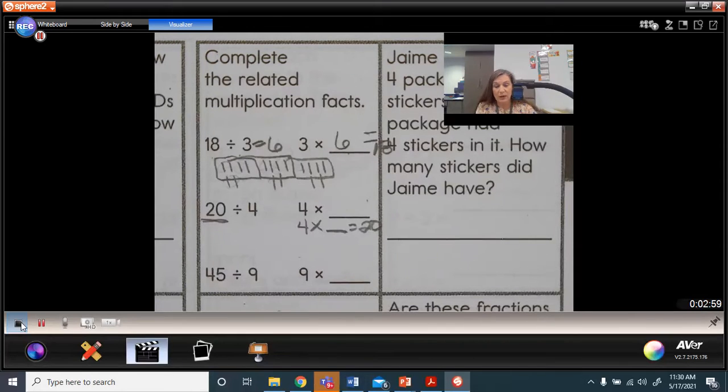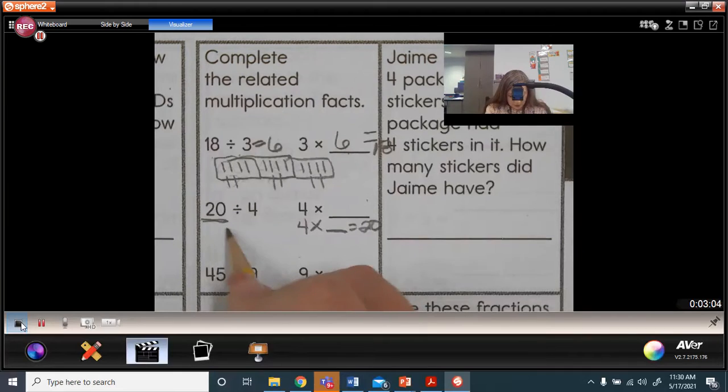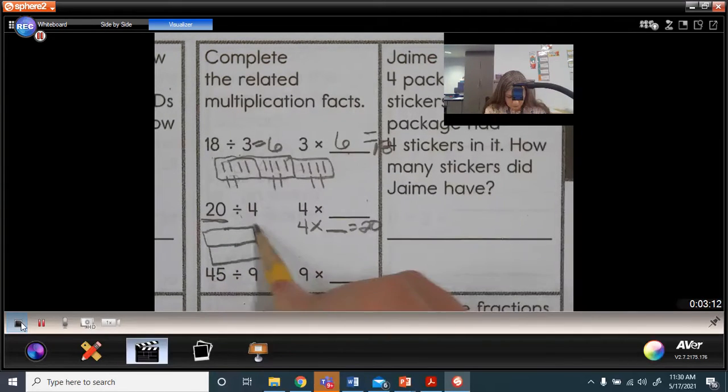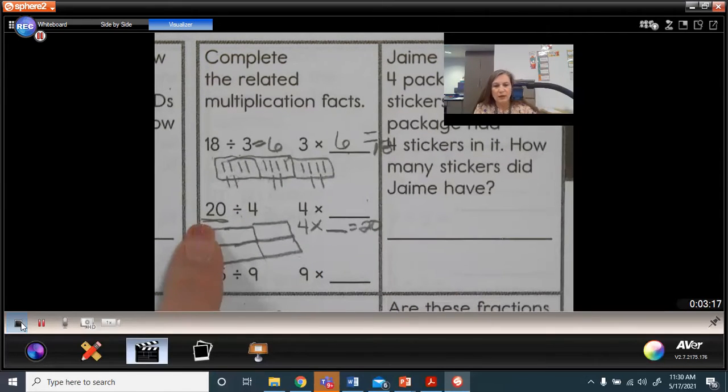It's taking 20 objects and dividing it equally into the 4 groups. So we can't just put a multiplication symbol here. We have to use division. So I'm going to have 4 groups, and then I'm going to take these 20 objects and share them equally into the 4 groups.